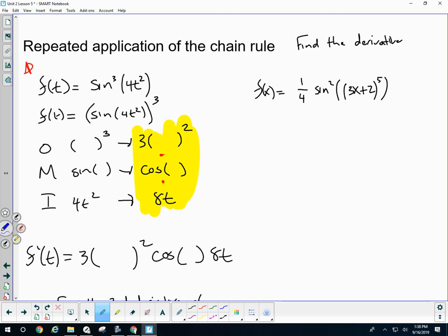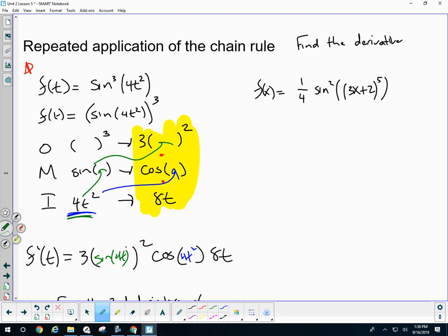Sometimes it's easier to work outside in or vice versa. 4t squared goes in there. The 4t squared plugged into the sine goes in there.